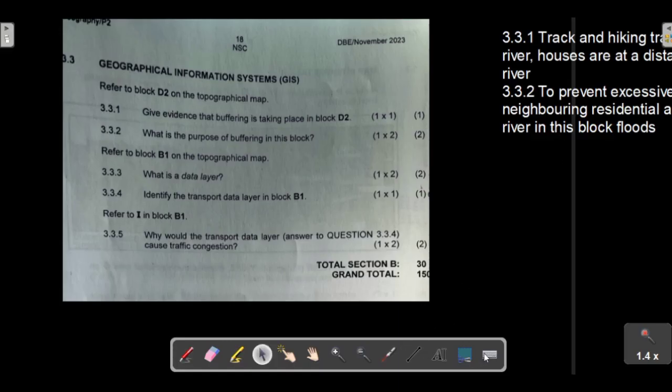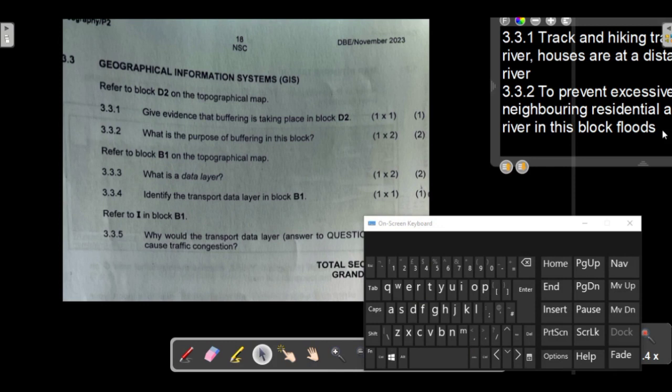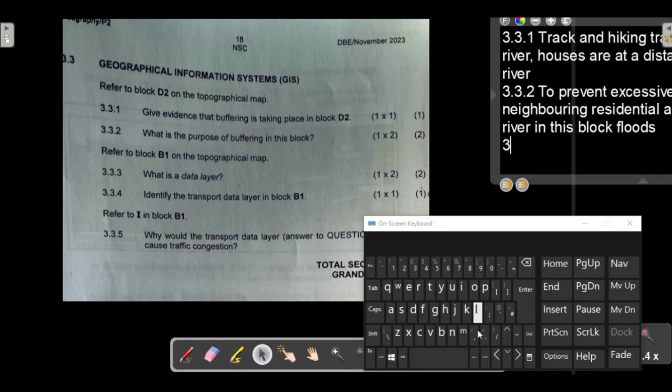Okay, so first question, which is 3.3.3, says what is a data layer? What is a data layer?